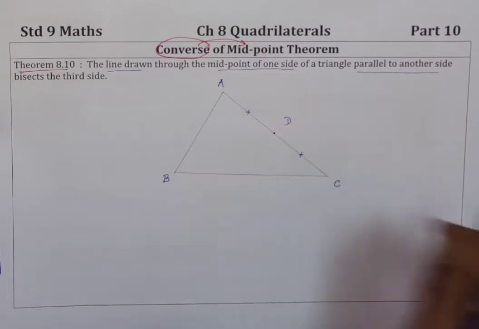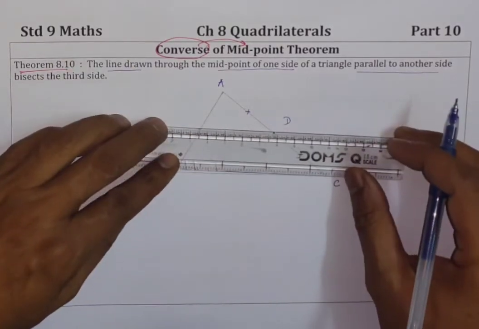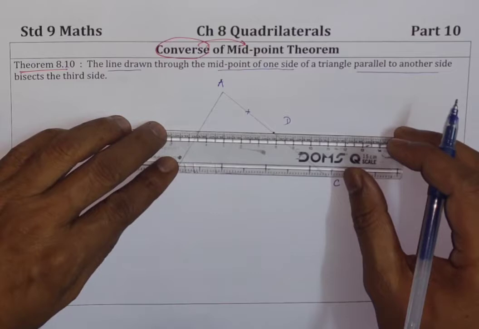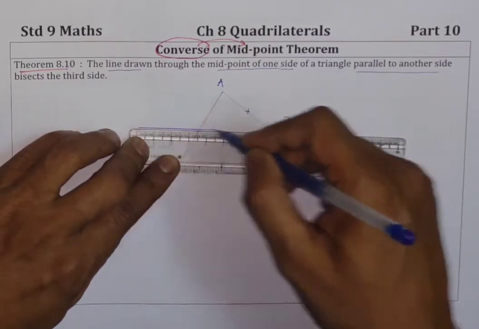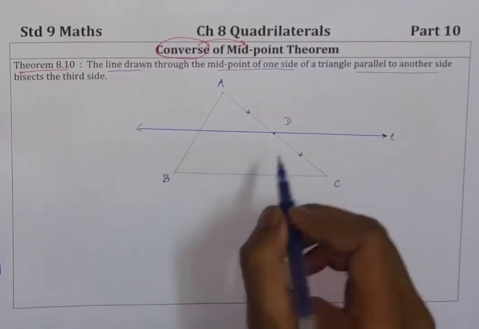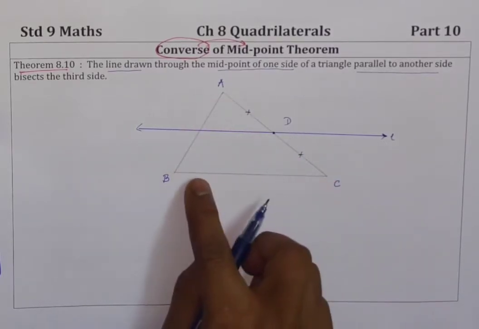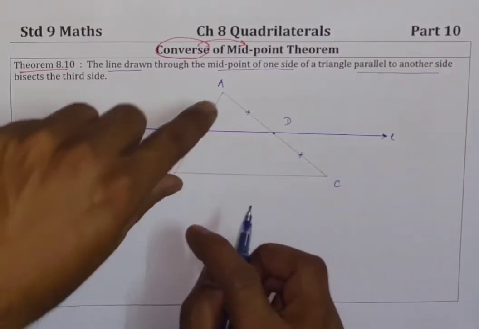Let me draw a line through D and parallel to BC. This is line L, which is drawn through D, the midpoint of one side, parallel to another side. Then it bisects the third side.